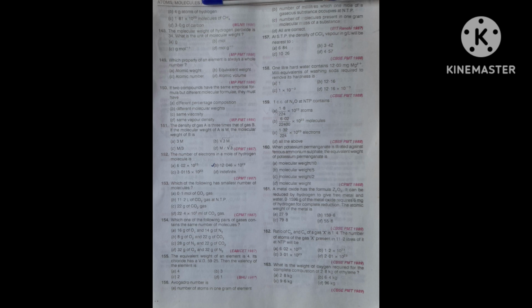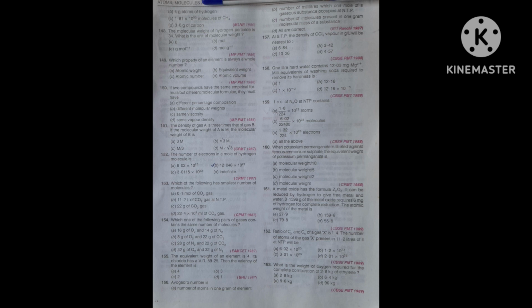Then density, you know, is mass by volume. Here mass means molecular mass 154 and its volume is 22.4 liter.